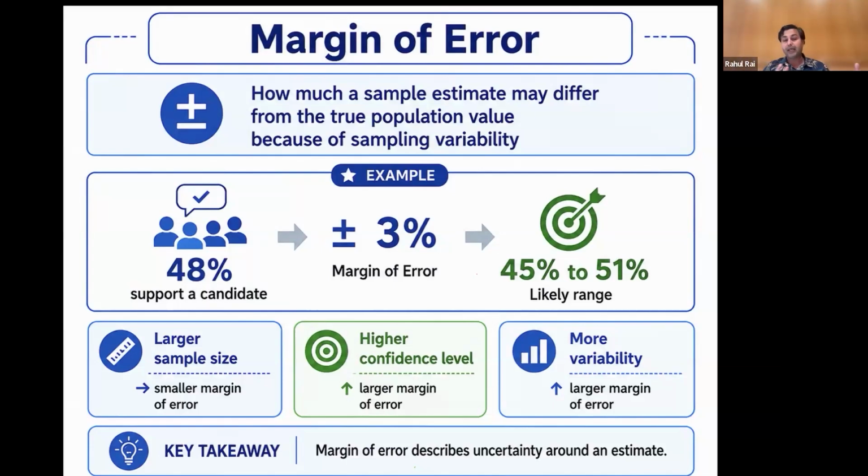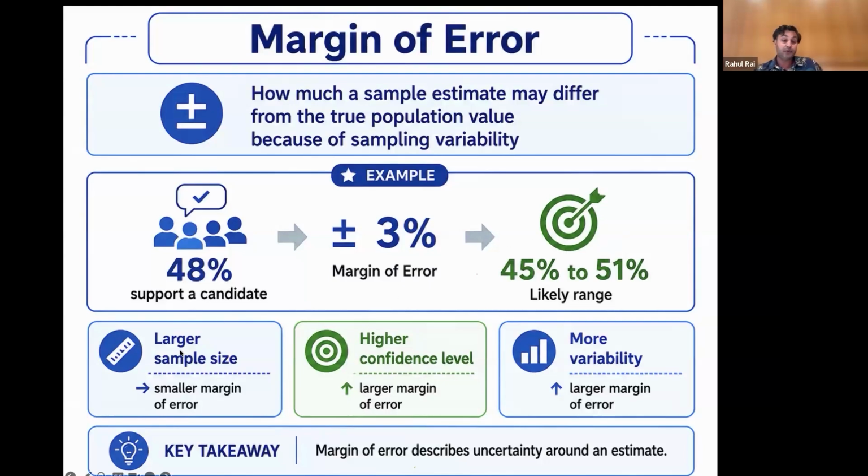Because of that, we face the issue of sampling variability. That's what the margin of error is capturing. It is a measure of how the sample estimate may differ from the true population value because of the sampling variability.